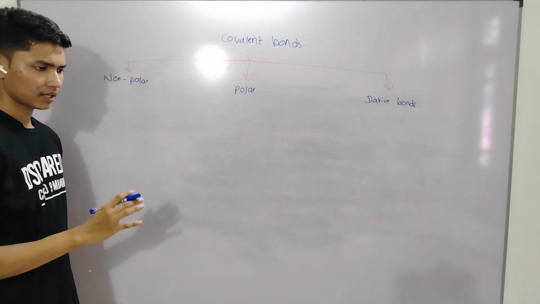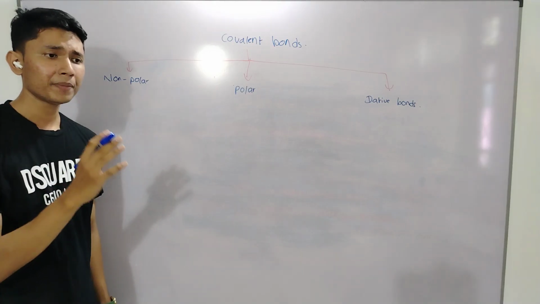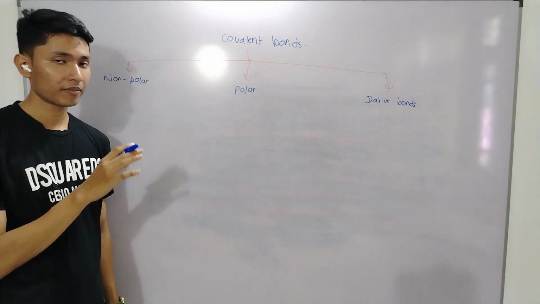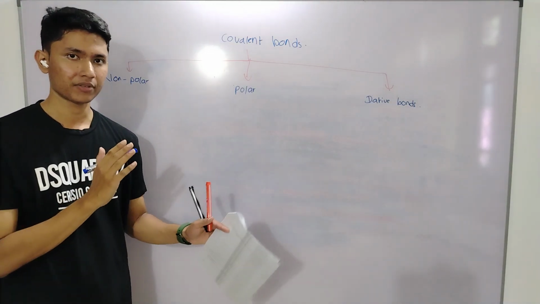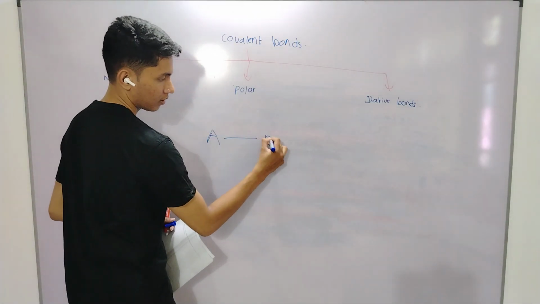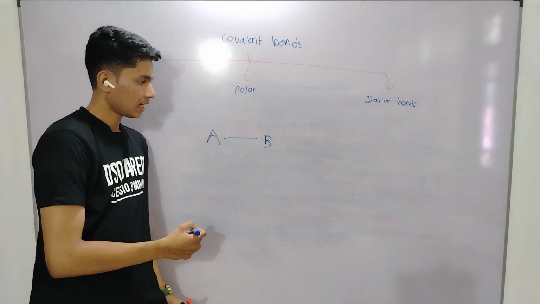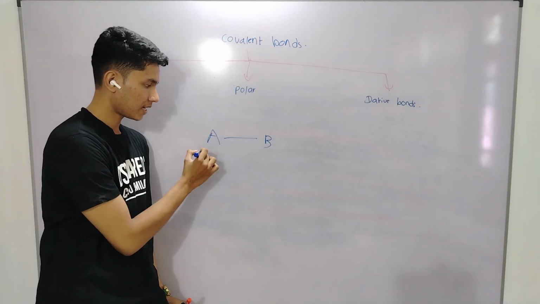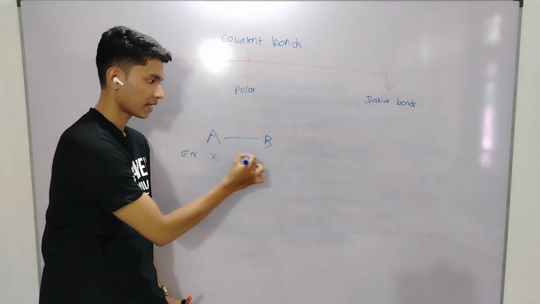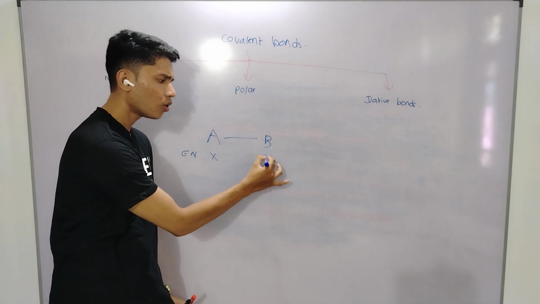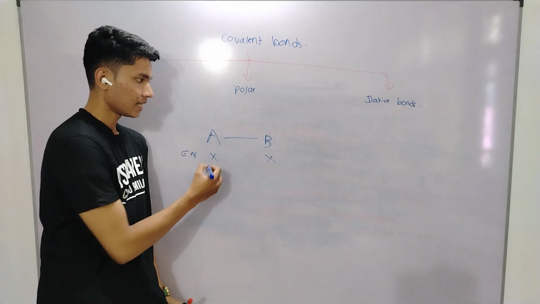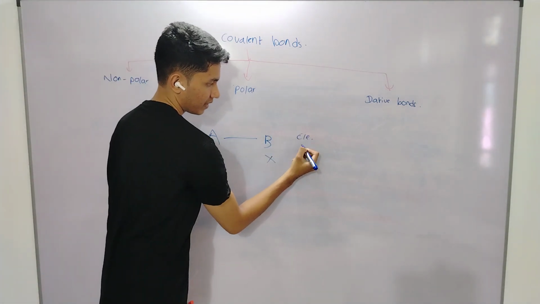A non-polar covalent bond is a bond formed between two atoms where the electronegativity difference is zero. Let's take A and B. The electronegativity of atom A is X. The electronegativity of atom B is also X. So what is the electronegativity difference?